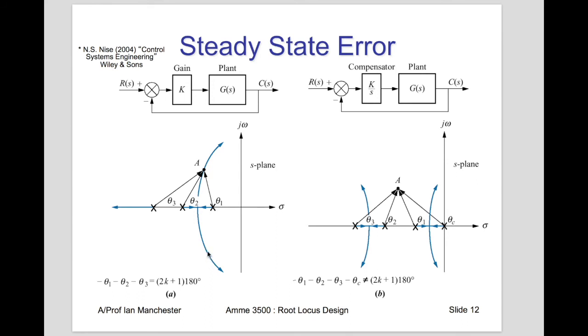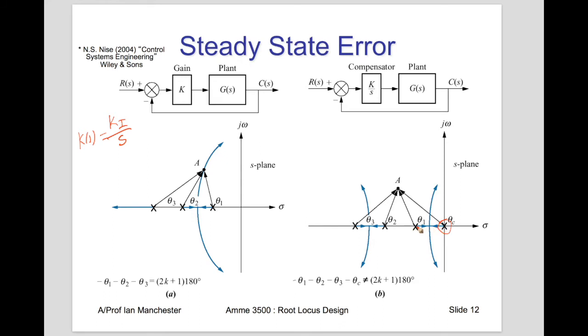Now, if we were to just place a pole at the origin, so let's say our controller K was just Ki over s, and we didn't have the proportional part, then all we'd be doing is placing a pole at the origin here, and that's going to totally change the shape of the root locus.